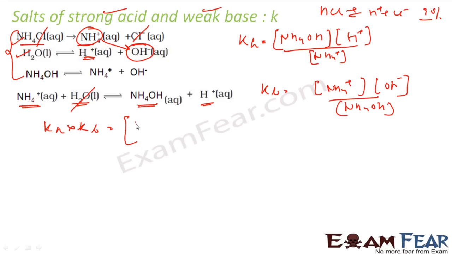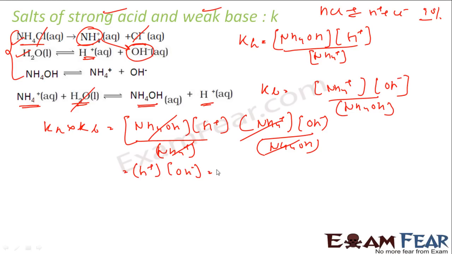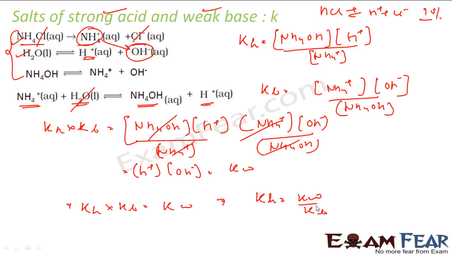So we get NH4OH, H plus, NH4 plus, then we have OH minus, and then NH4OH. Let's cancel this part. What I'm left with is H plus into OH minus, and that is nothing but Kw. Thus you can see that Kh into Kb is nothing but Kw, or I can say that Kh is nothing but Kw by Kb. Easy only.